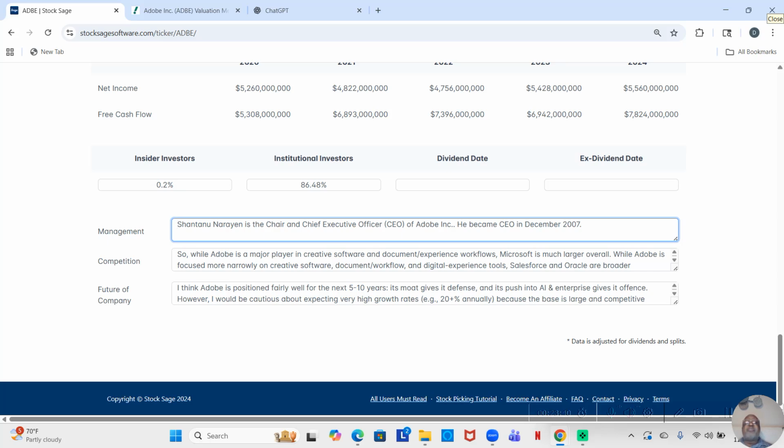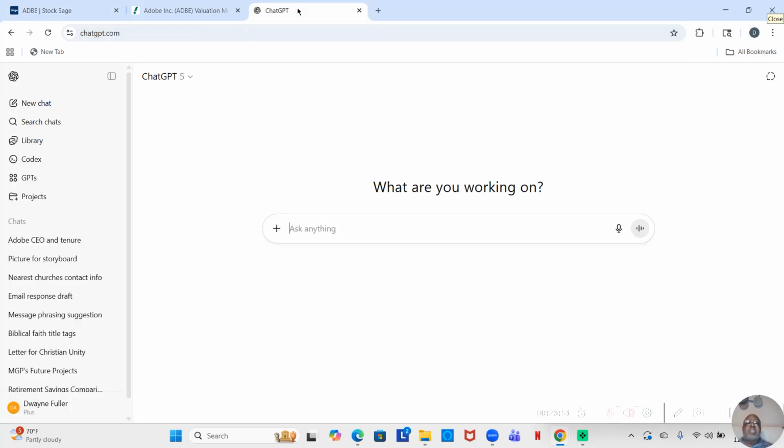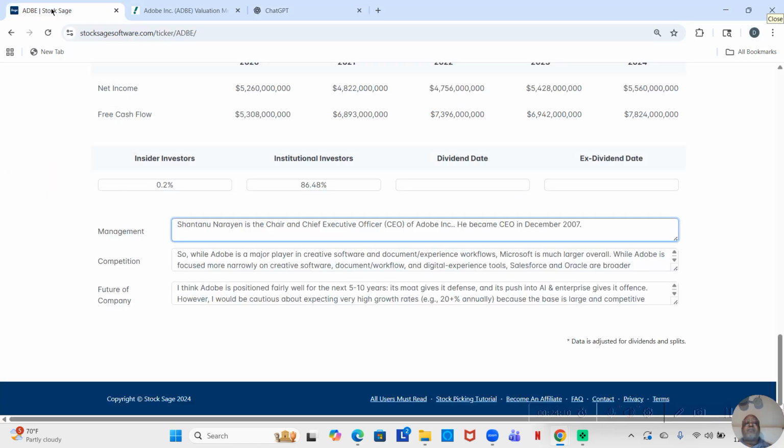Now, there's other information that you may find helpful in your research that you can enter into this app. And information like that you can find out simply by a Google search, but I find it more effective to just use AI like ChatGPT to find out this information. What kind of information?